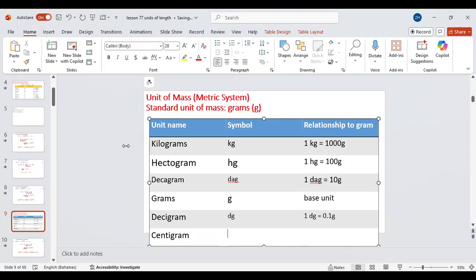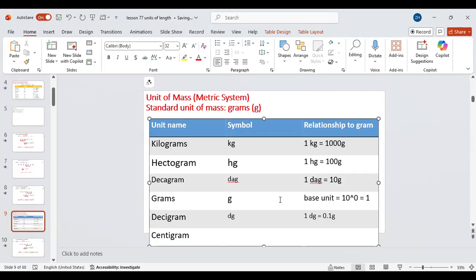What does base unit mean? The base unit is the one where, if you look at it, this is 10, this is 100, this is 1,000, and this is actually 10 to the power of 0, which is 1. That's what we mean by the base unit. It's the unit we use to show the relationship with all the rest of them.